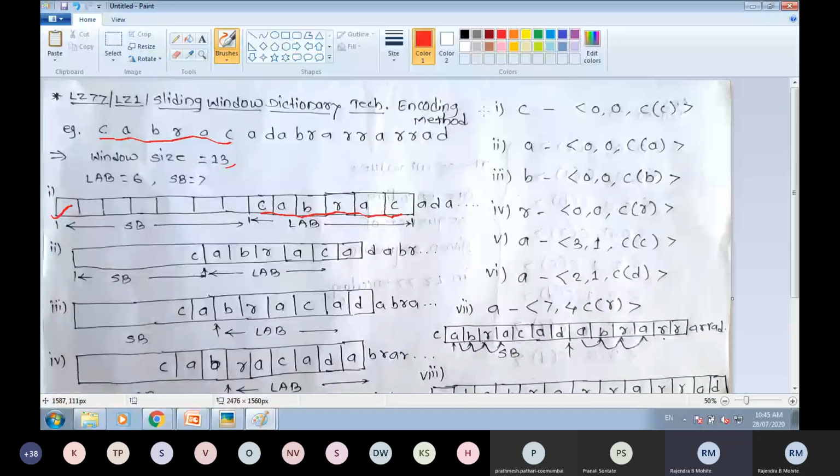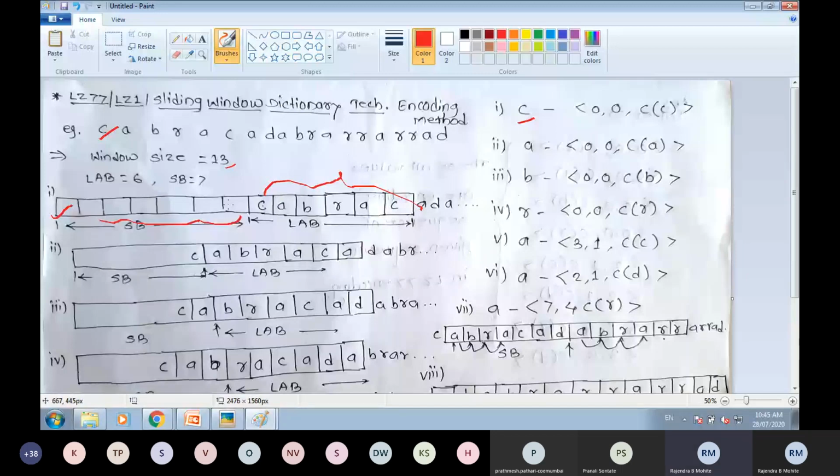For my first alphabet, which is C here, I observe the 6 alphabets situated in the look ahead buffer. For this C, is there any offset or length of match at the side of the search buffer?